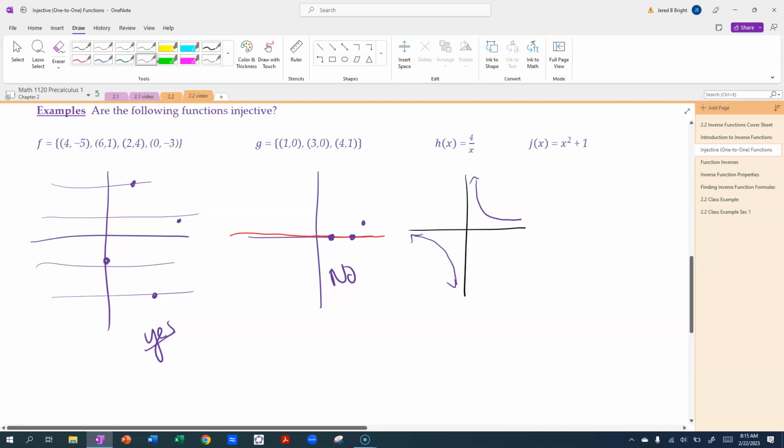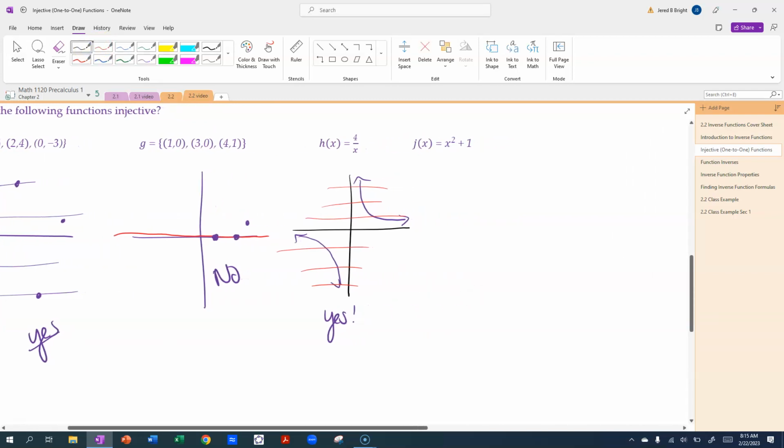Is this one-to-one? Might need to check, but with horizontal lines I'm only intersecting the function once. You can verify with a graphing utility with a more precise sketch, but this one is actually going to be one-to-one. Yes.